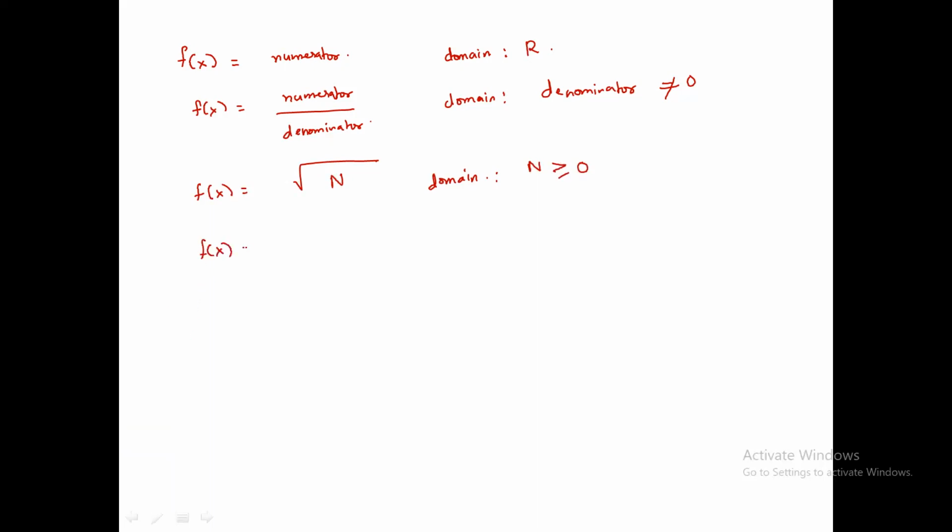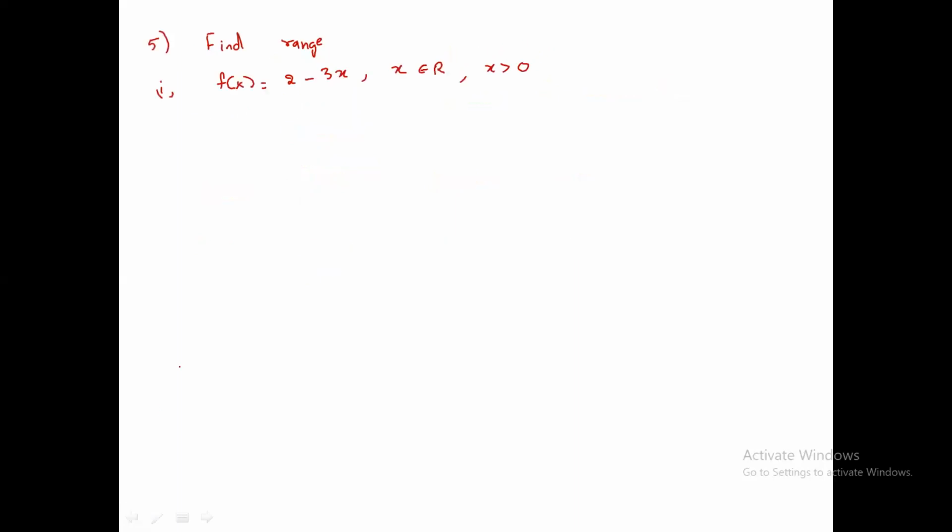Suppose the function has the square root of any number in the denominator, then when you write the domain, n should be only positive. It can't be zero because it is in the denominator. So if you remember all these things, it will be very easy.